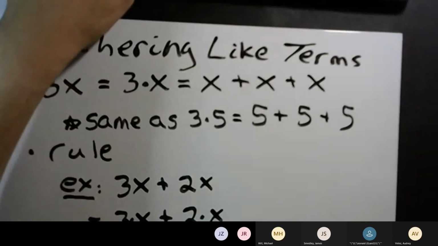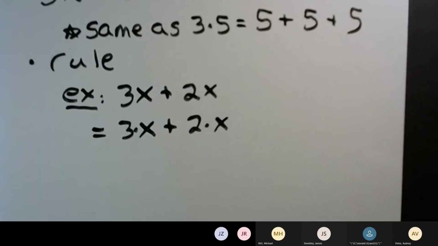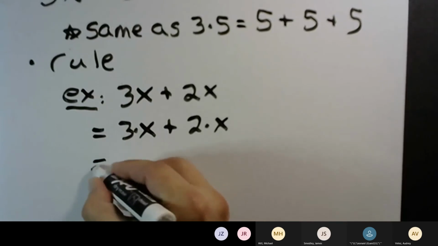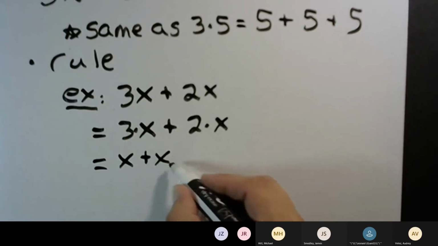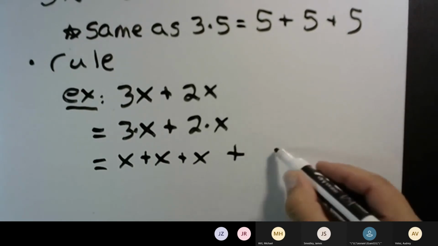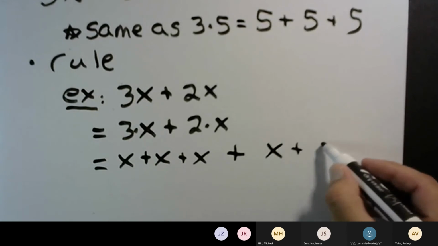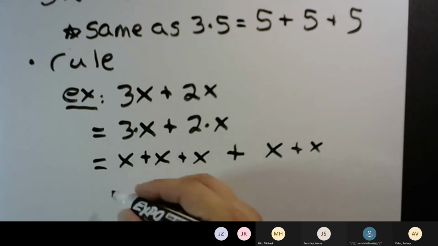But then what we'll do, 3 times x is x plus x plus x. And 2 times x is x plus x. Now, how many x's do we have here? Well, there's 1, 2, 3, 4, 5 x's.